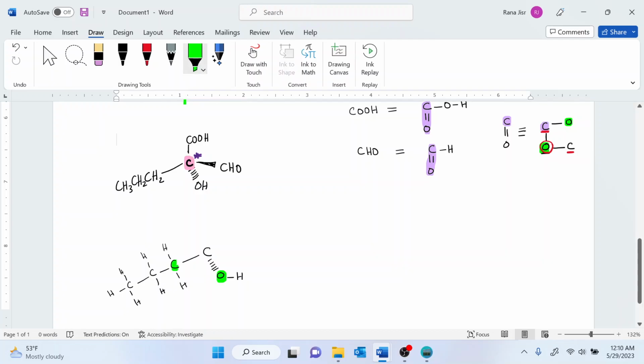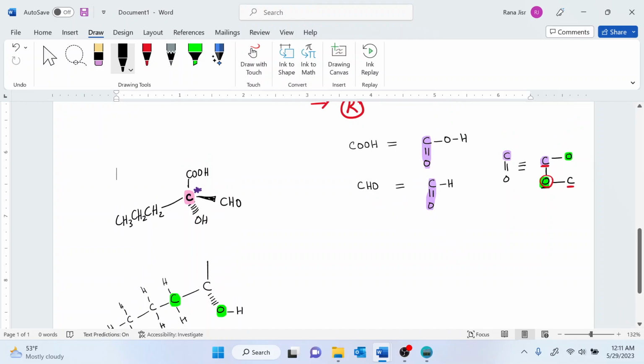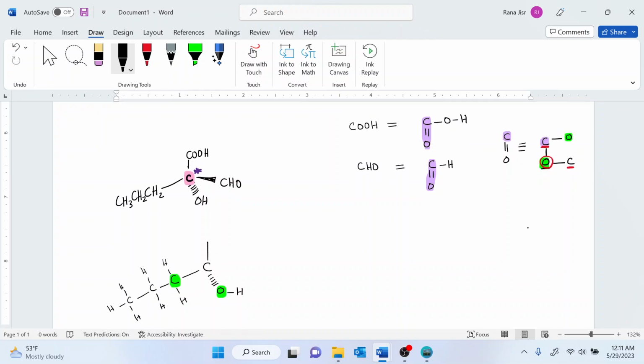I need first to look at the first carbon in there. If there is a tie, then I would look at the second carbon that is connected to it. In plane, I do have my carboxylic acid. The carboxylic acid, as we mentioned, is a carbon double bond O connected to the OH. So let's first draw the carbon double bond O, which is a carbon connected to two oxygens, and an oxygen connected to two carbons.